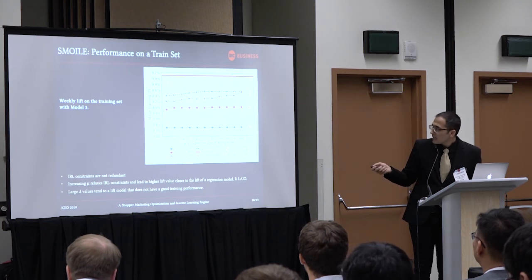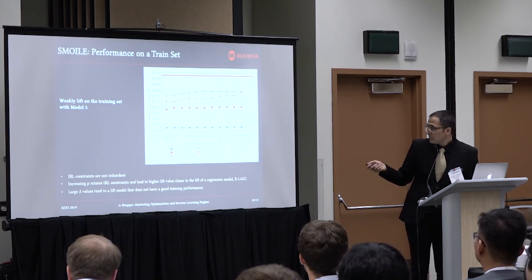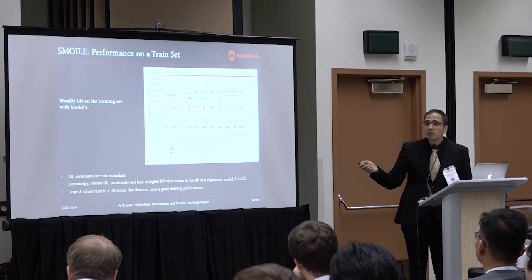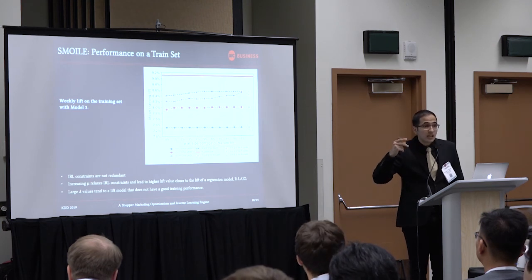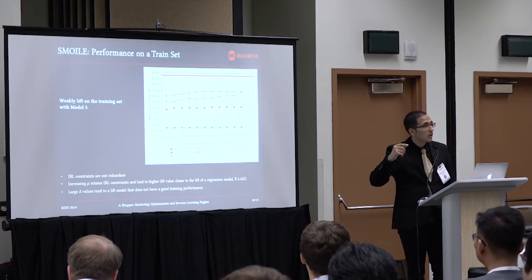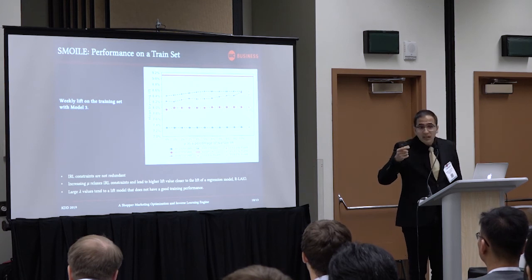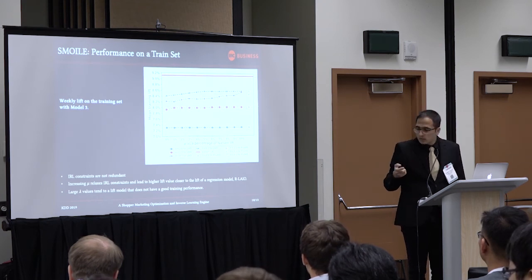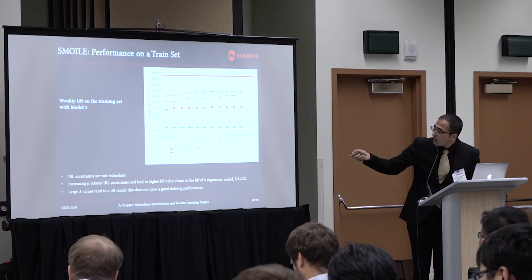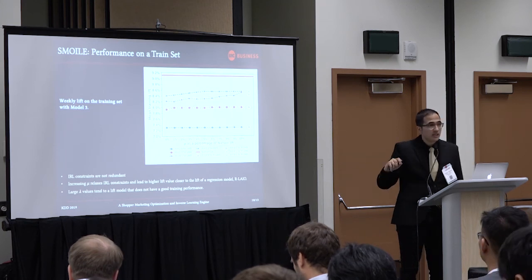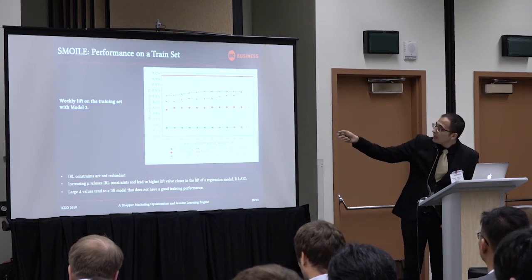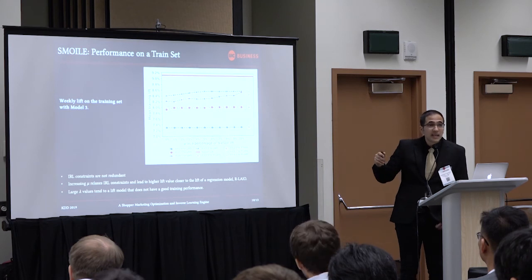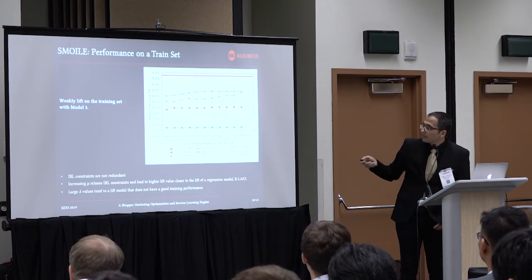On the x-axis, you see this mu. When mu is very small, it means that the inverse reinforcement learning constraints are tight. And when mu is large, we basically relax the inverse reinforcement learning constraints. And on the y-axis, we have the mean average training lift. The red line that you see on the top is the existing historical lift.